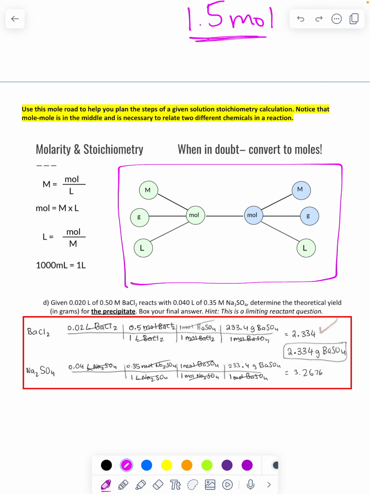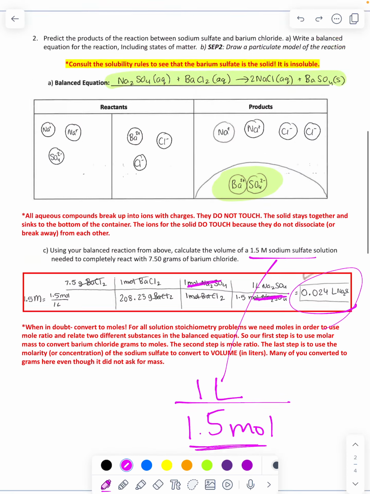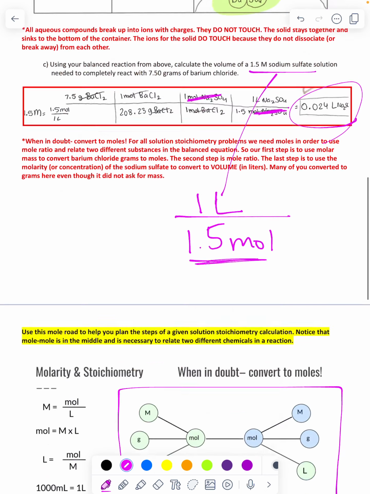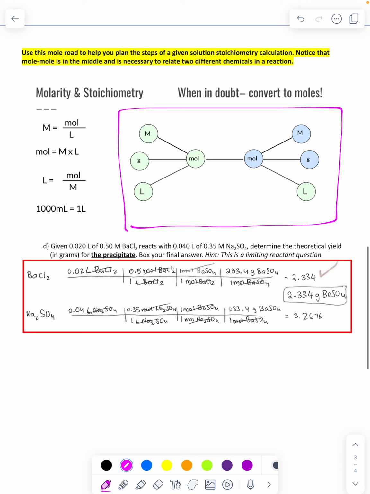So let's see, this problem is giving us amounts of barium chloride and amounts of sodium sulfate. Again, we're still using the balanced equation from above. Everything is a 1-to-1 ratio for that.